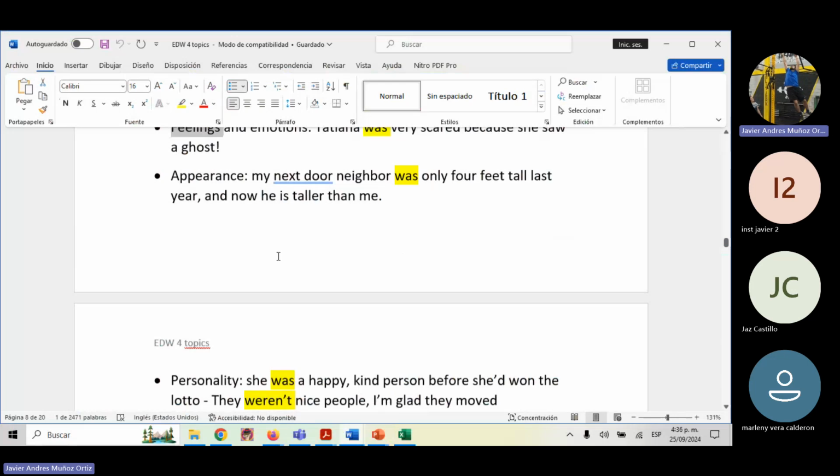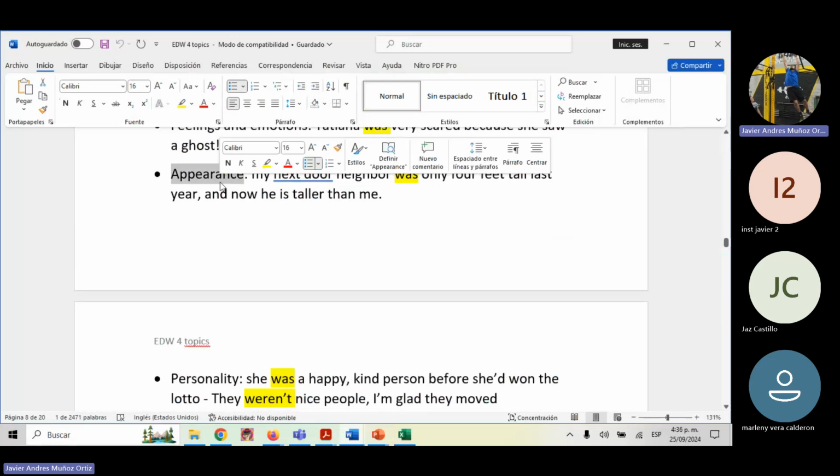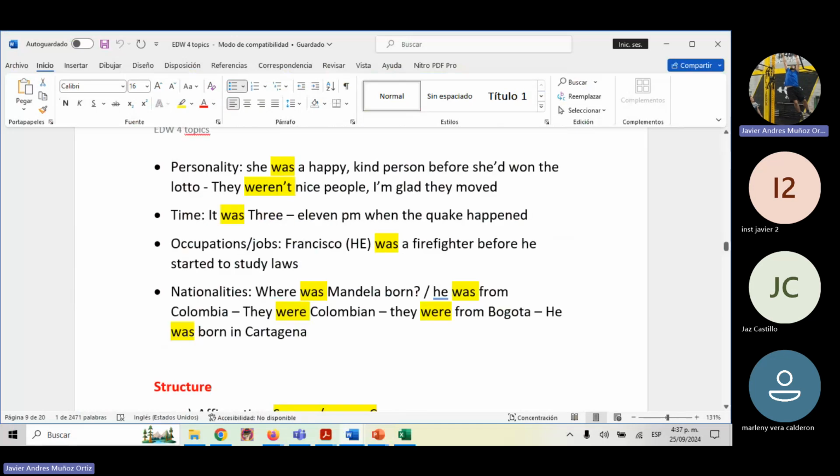Physical appearance, when somebody is 13 years old, 12 years old, is very different than when he or she is 21 years old in terms of physical appearance because this person has grown. If he is a guy, maybe he has developed some beard and so on, for example. So personality might change, maybe.